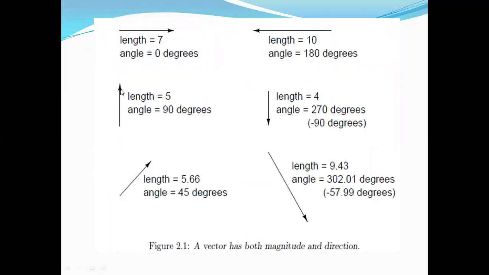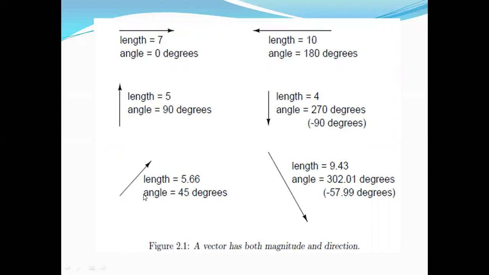Then this vertical vector has length 5 and angle 90 degree, which means it is on the positive y-axis. Similarly, here the length is 4 and it is on the negative y-axis, because the angle is 270 degree or minus 90 degree.